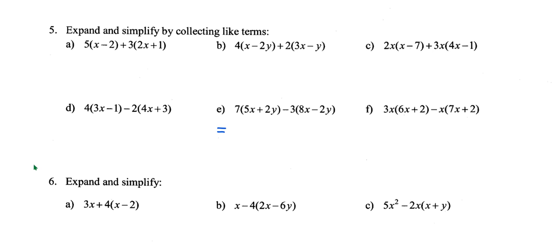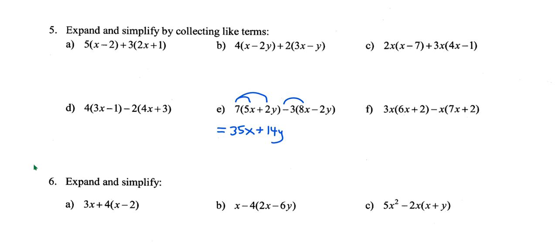So let's do 5e. Everything in front of the bracket is multiplied by everything inside the bracket. So 7 times 5x is 35x. 7 times positive 2y is positive 14y. Okay, we've expanded the first bracket. Now we're going to expand the second bracket.